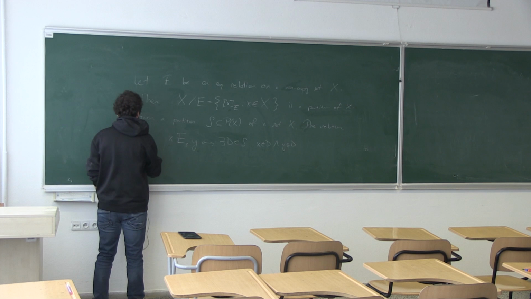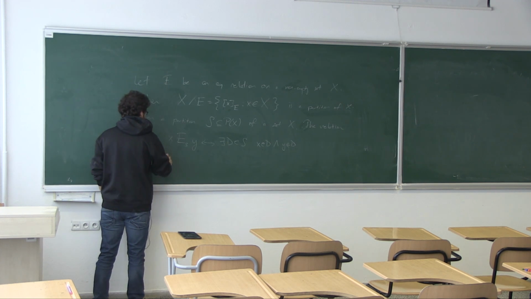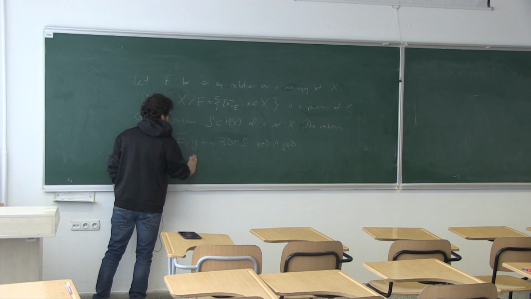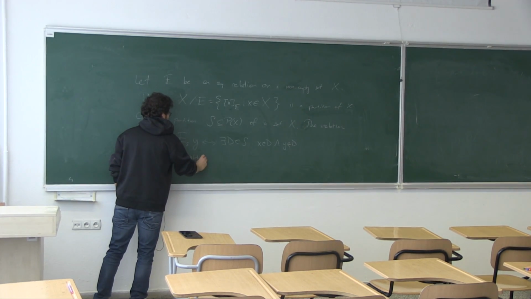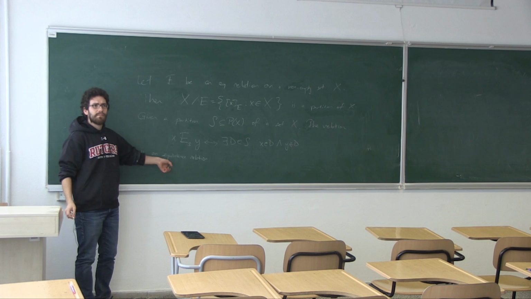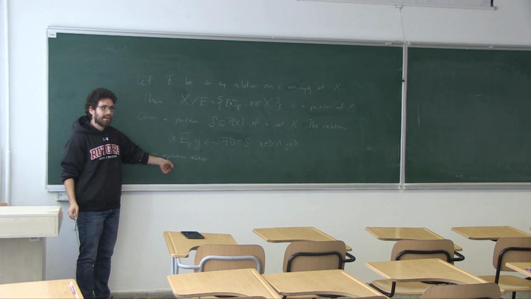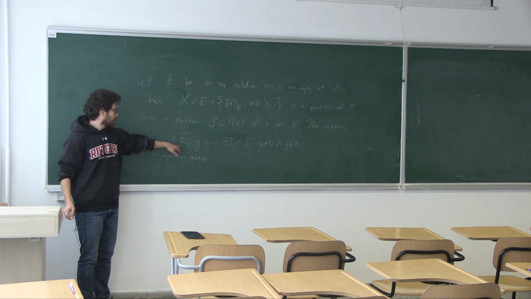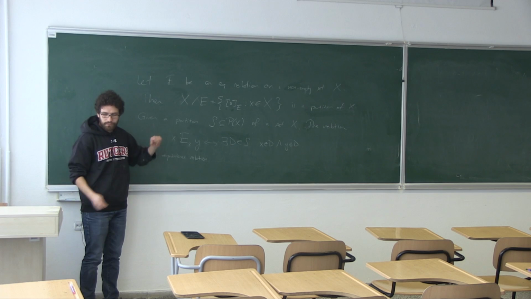This relation is an equivalence relation, okay? So we proved this last time, I believe. It was the last theorem, and I just did the transitivity, and I gave as an exercise to prove that this is reflexive and symmetric.